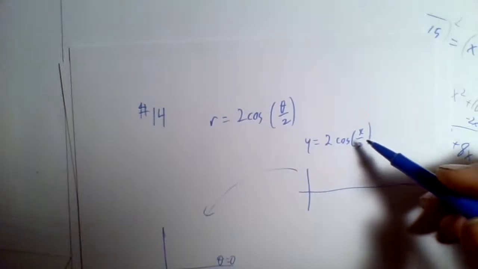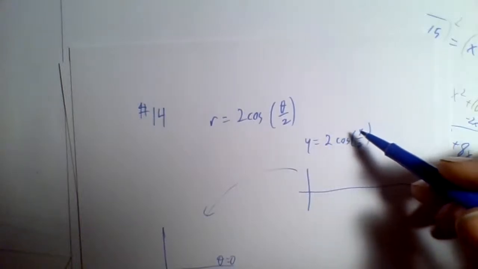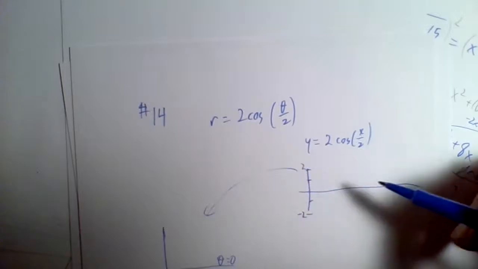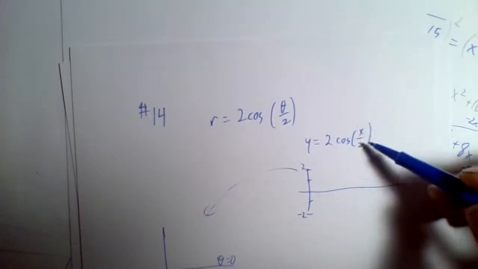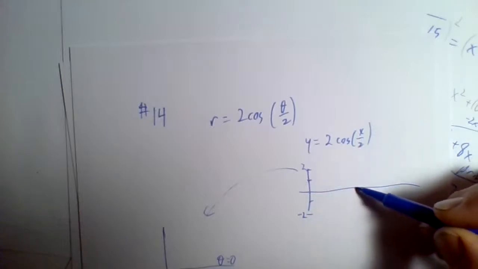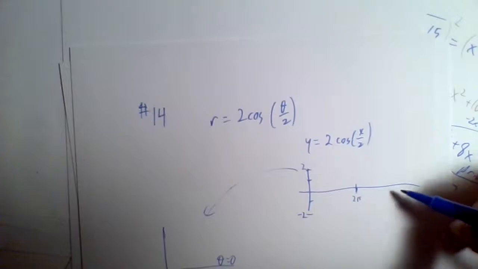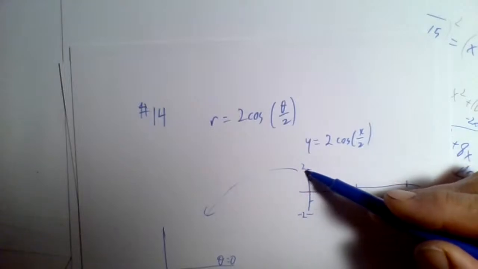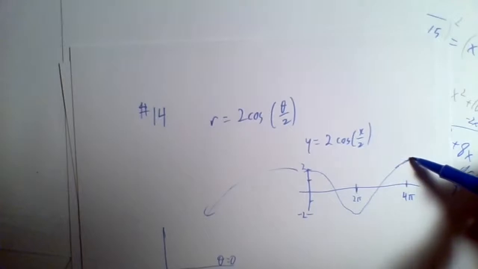But it's just a regular trig graph here. So we have an amplitude of 2. We go up to 2 and down to -2 for y. It's cosine of x over 2, so the period is actually 2 pi over 1/2, which is 4 pi. That's a horizontal stretch. So we're going to go all the way out to 4 pi to finish one complete cycle of the cosine graph, which starts at the top and comes back to the top.